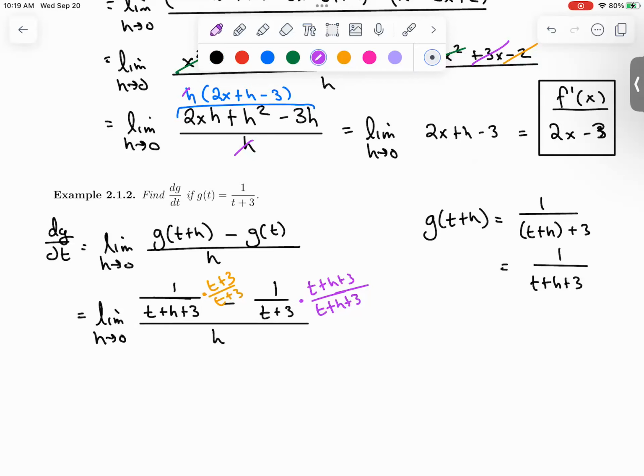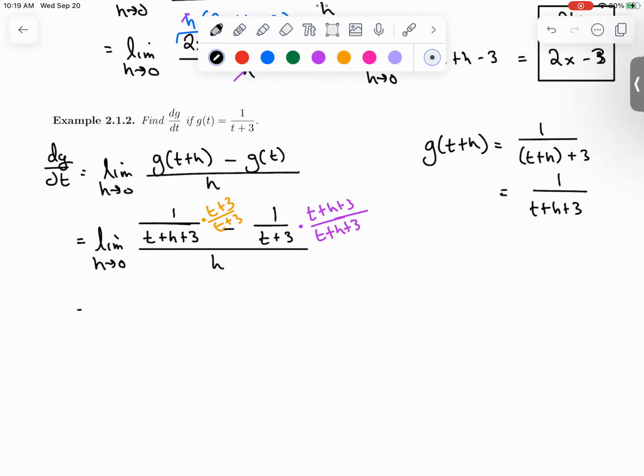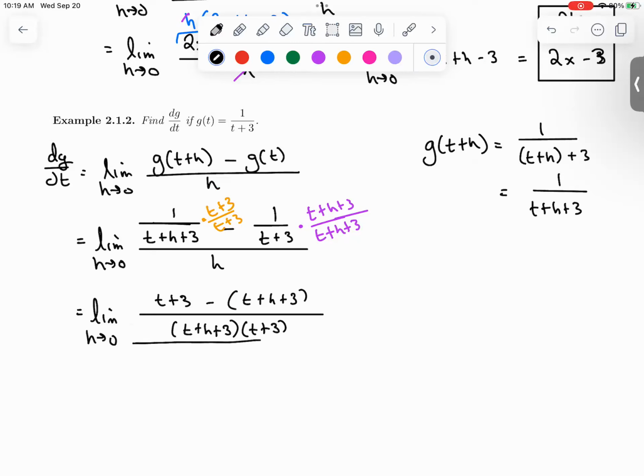when we do that, we get the limit as h approaches 0 of t plus 3 minus parentheses t plus h plus 3, all divided by t plus h plus 3 times t plus 3, all divided by, I'm going to make this line a little bit larger, this is the big bar, over h.